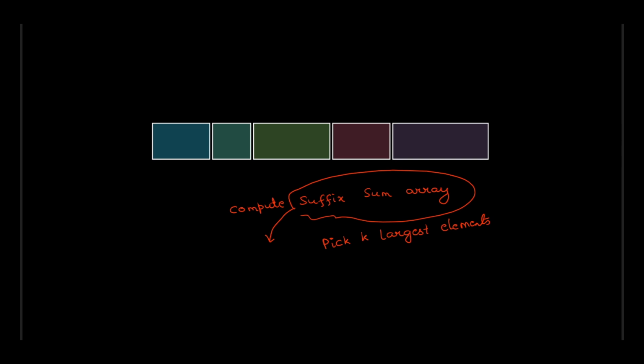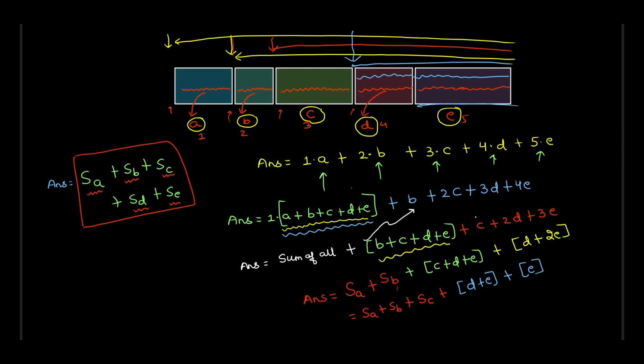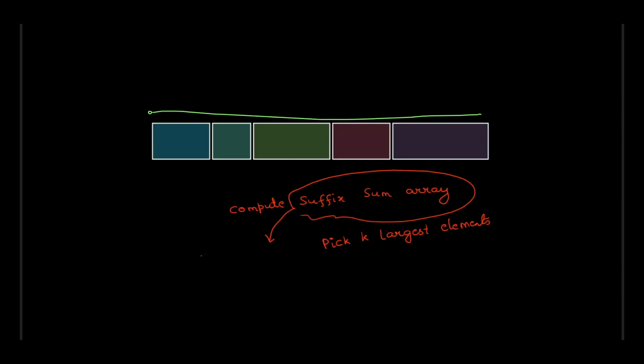But there is one catch, that this entire suffix has to be included. Why? Because no matter what distribution you do, this was the sum of all elements, right? This is what we had decided. So even if it is not giving you a lot of benefit, even if it is not amongst the k highest elements, you have to include this, because you cannot ignore the first element.